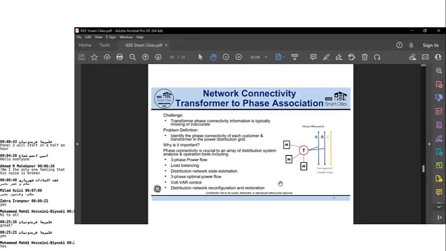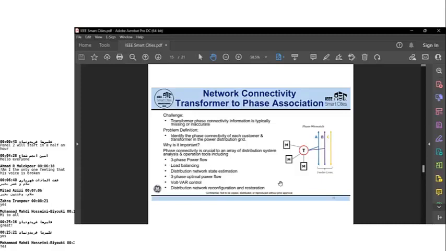Volt-VAR control, where I've been involved in one of the major projects, voltage optimization at ComEd, Illinois, where we faced this issue when we looked at the consumption at the head of the feeder versus when aggregating all the meters in that feeder.